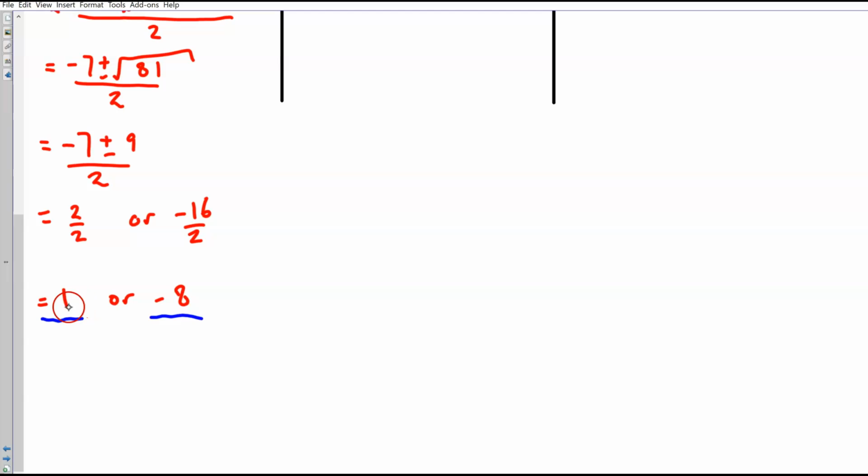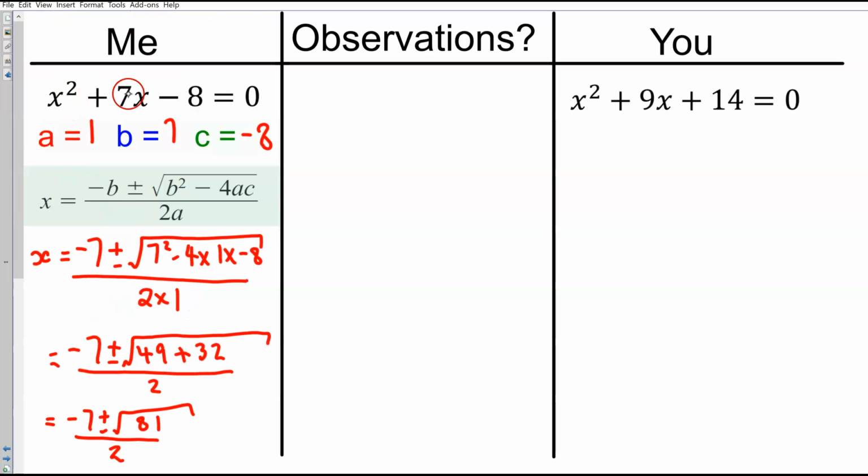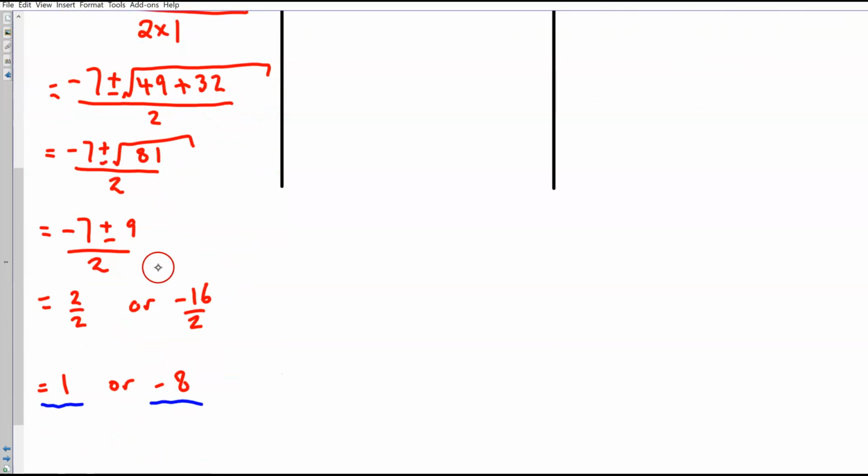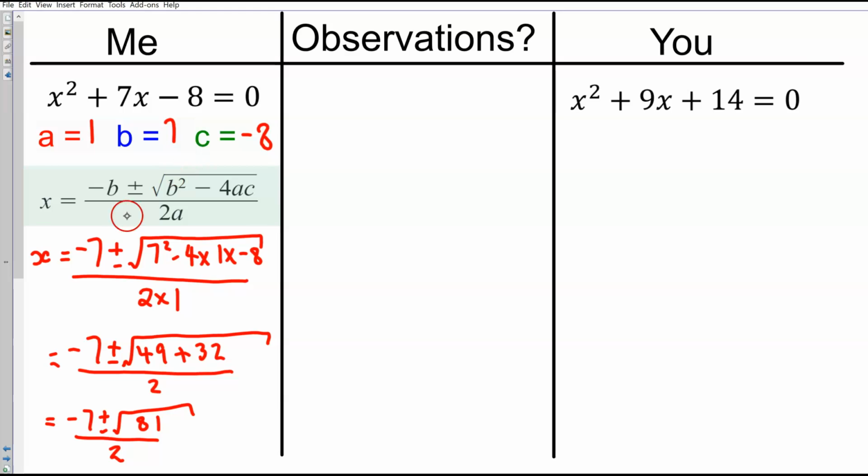Now the fact that I got integers means that really this would have factorized, and I broke the rule because I didn't try and factorize it first. Whereas if I'd tried to factorize it, I would have saved myself all this grief. Okay, so always try and factorize it first.